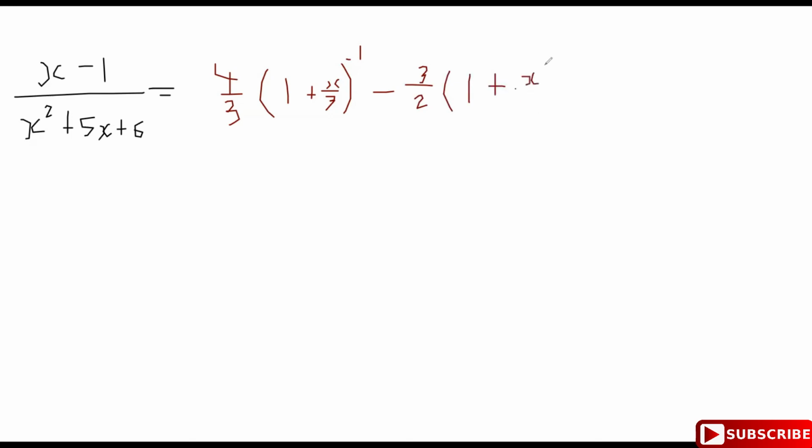If this is what we have now, we just have to remember that we can break these down quite easily. This is equal to 4 over 3 times, and we can break up this part using the binomial theorem. This part is 1 plus nx, where n is minus 1 and x is x over 3.